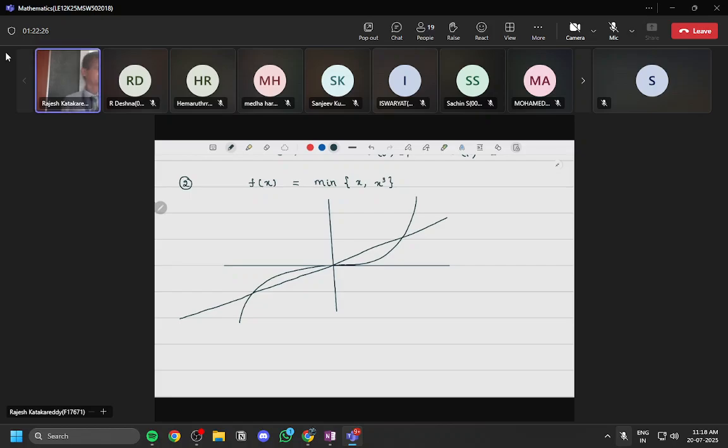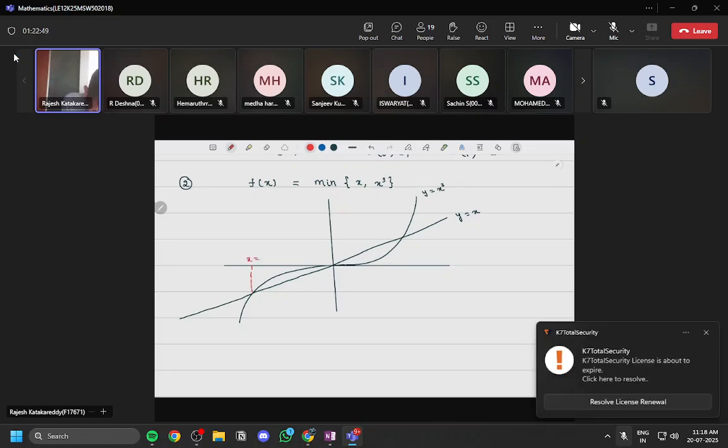So I have drawn y equals x and y equals x cube. Minimum means what did I say? The upper graph we need to delete. Notice that there is one point of intersection we can see here, that is -1. I can directly find it by solving x equals x cube; the other is 0.